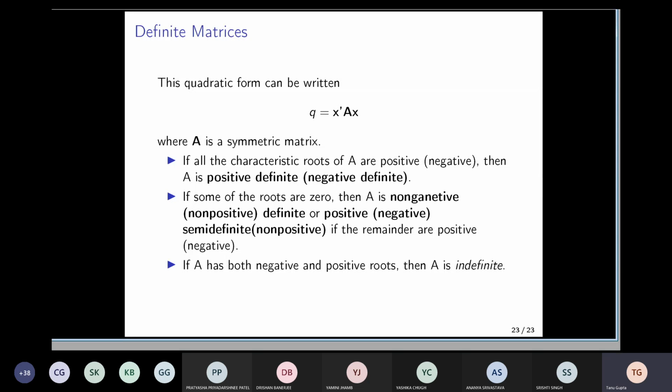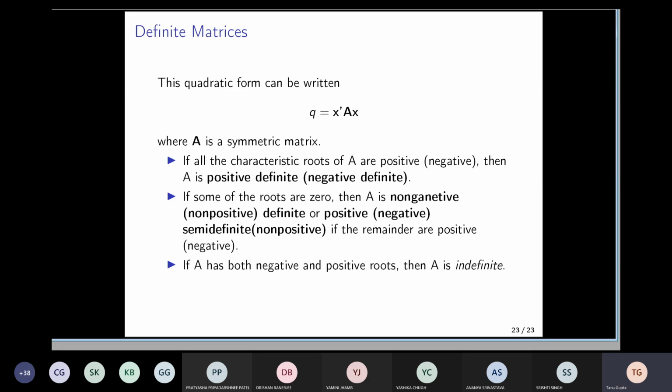Okay. So if all the eigenvalues are positive or all negative, then it is a positive or negative definite matrix. But if some of the eigenvalues are zero or positive, then we say it is a positive semi-definite matrix. And if some of the eigenvalues are zero or negative, then we say that it is a negative semi-definite matrix.